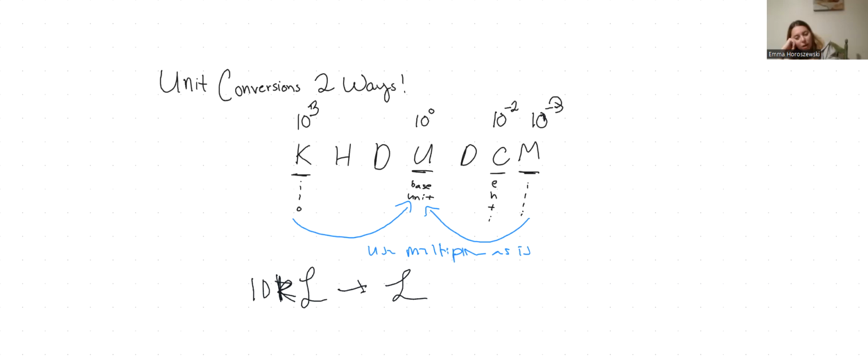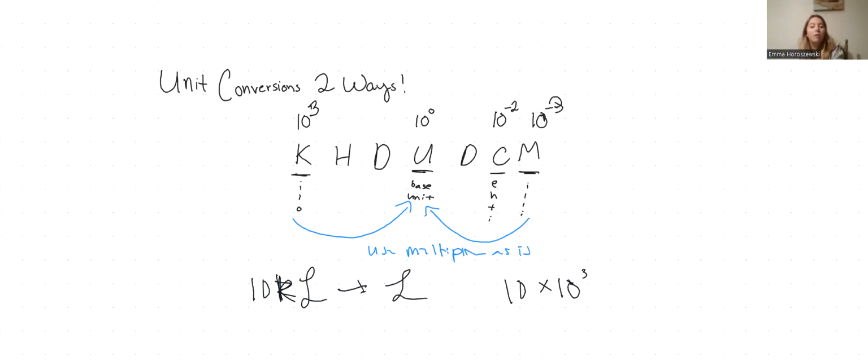Then I would just multiply 10 times 10 to the third. And if you wanted to convert that into scientific notation, then you absolutely could. Technically, your number should be between 1 and 9.99, but I'm also perfectly fine with you leaving it like this.